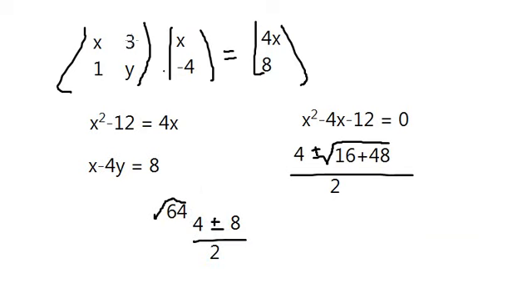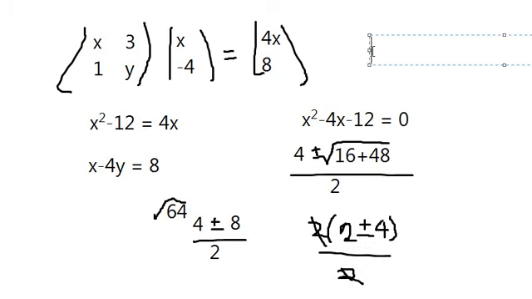If I'm writing with a pen, I bet this will go so much quicker. 2 plus or minus 4, then bracket over 2, and you cross them out so that the answer is 2 plus or minus 4, which is 6 or minus 2.